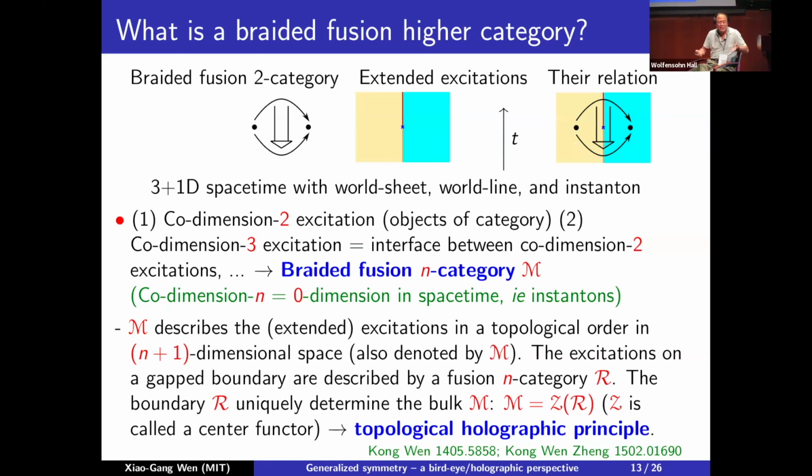If you view R as a quantum field theory, we say this quantum field theory has a gravitational anomaly. The gravitational anomaly is described by a topological order in one higher dimension, according to the anomaly inflow picture. This functor just describes the anomaly inflow picture. That's the modern way of describing anomaly inflow.